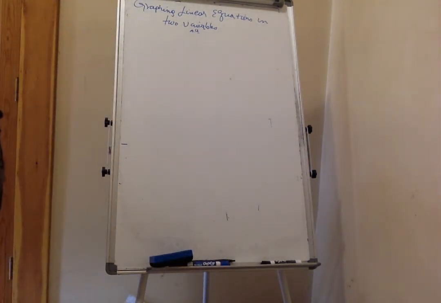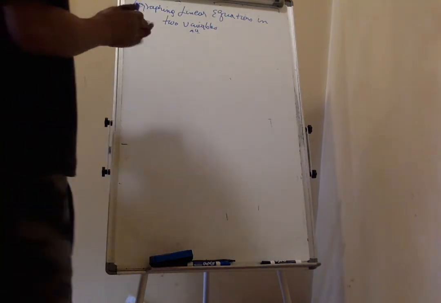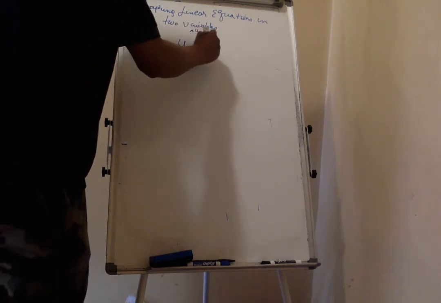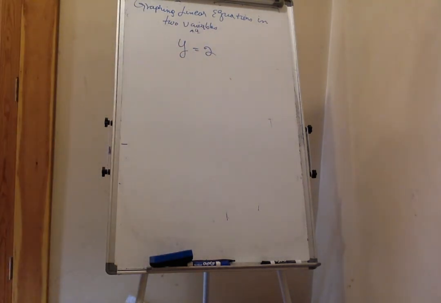There are other instances I'm going to look at. You might be asked to graph y is equal to 2. When you see this, the value of x is any number between -infinity and infinity, whereas the value of y stays the same. 2 becomes the constant.